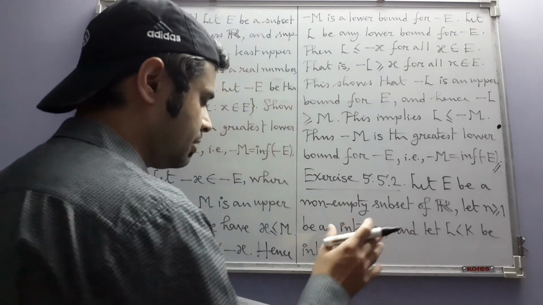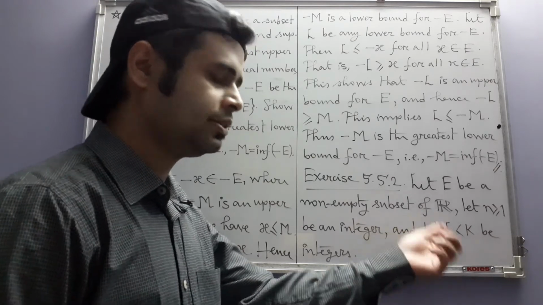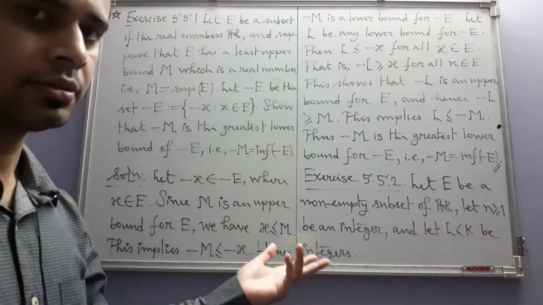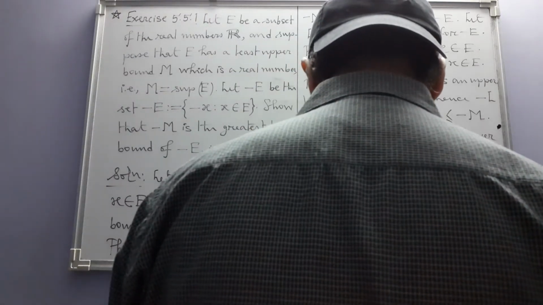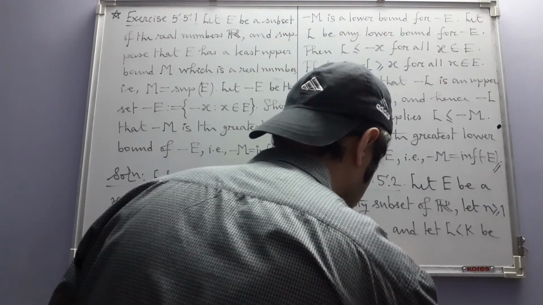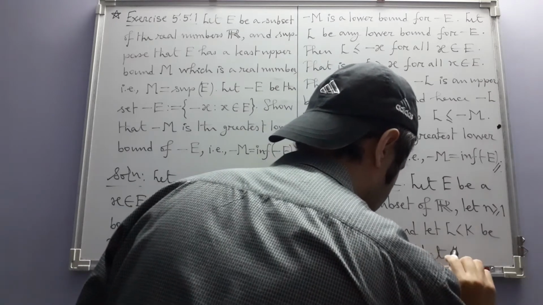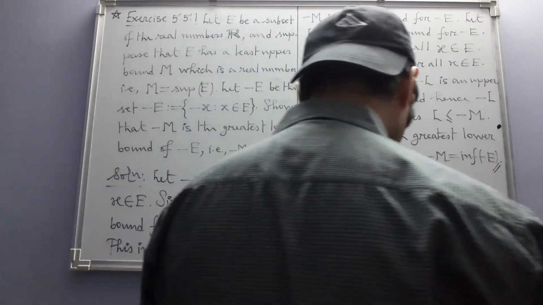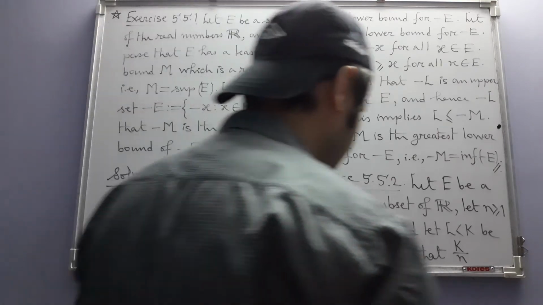It has been written in a somewhat short manner. It just simply means let L and k be integers satisfying this inequality. Suppose that k divided by n, we can divide k by n because n is non-zero, is an upper bound for E.